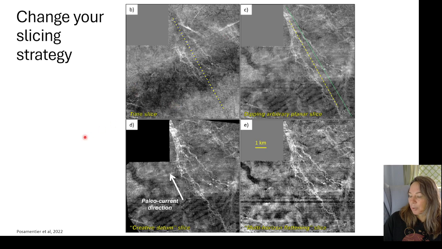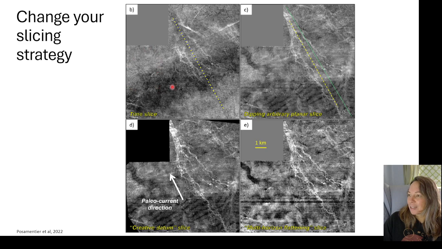Here's an example. This post-Mentir 2022 paper is really key, as I mentioned before, for seismic geomorphology. This paper that I'm grabbing figures from takes a lot of information over decades of study and puts it into a very long but very thorough paper that talks about the methods of seismic geomorphology.